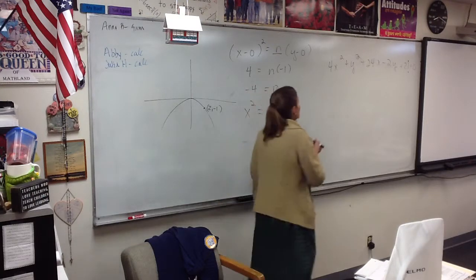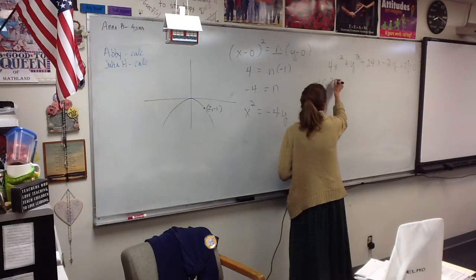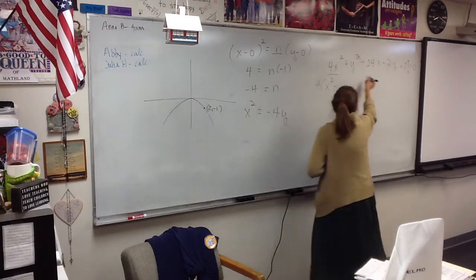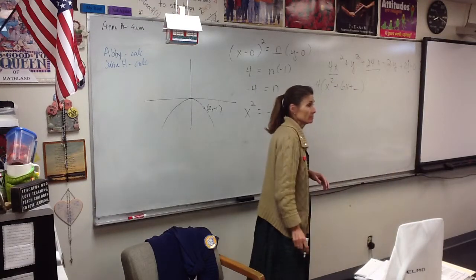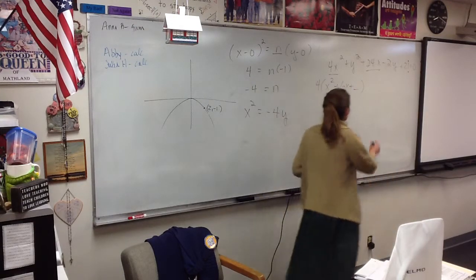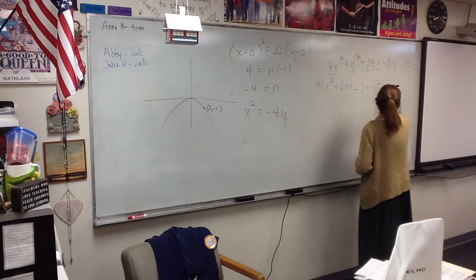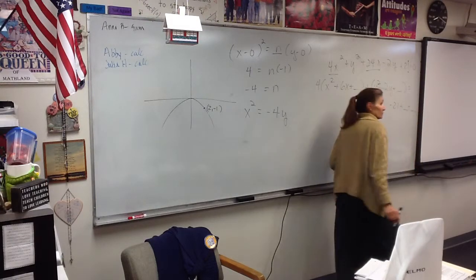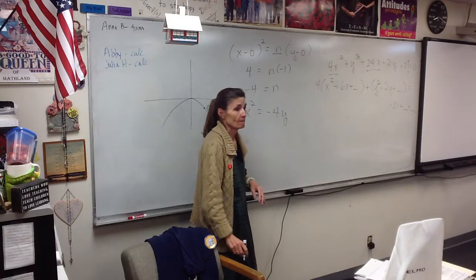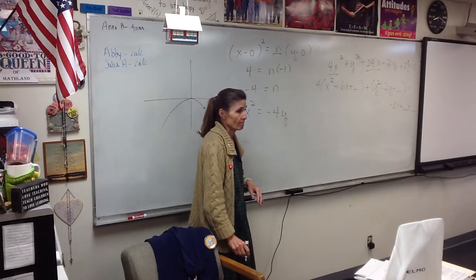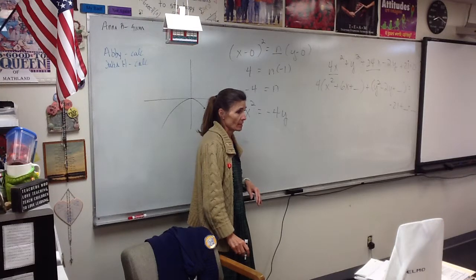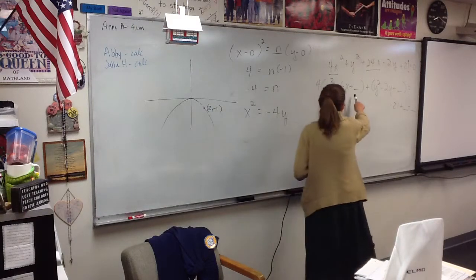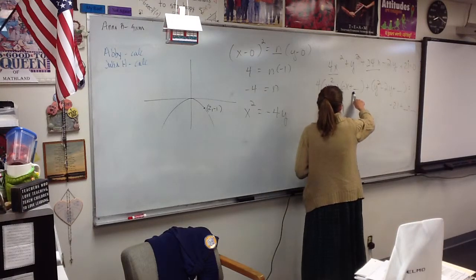Complete the square. So remember, we put our x's together and factor out the 4. And then we put our y's together. There's nothing to factor out. I'll move that 21 to the other side. Okay, is this starting to look familiar? Okay, so what completes a square here? 9.